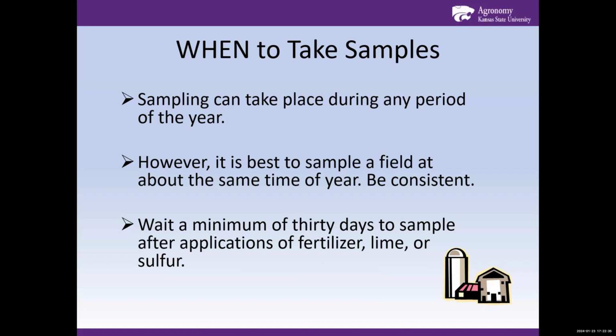For corn, sorghum, and soybeans, you might be looking at late fall or early winter, and even into late winter, early spring before you start fertilizing. And if you have put any fertilizer on and want to pull samples after that, you're going to be waiting a minimum of about 30 days after that to do any of those fertilizer sampling.